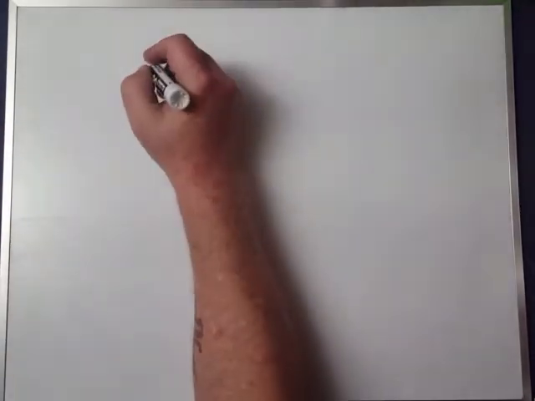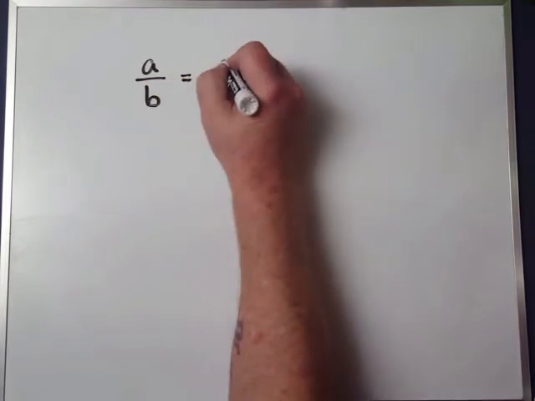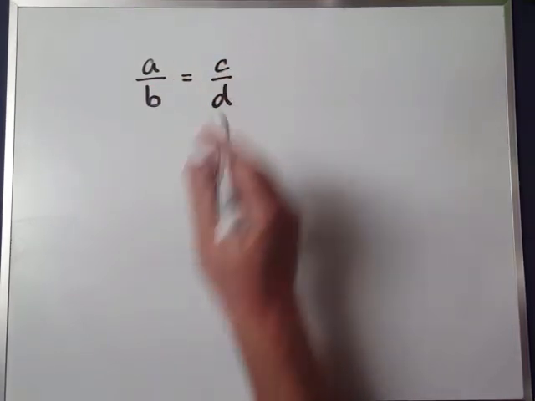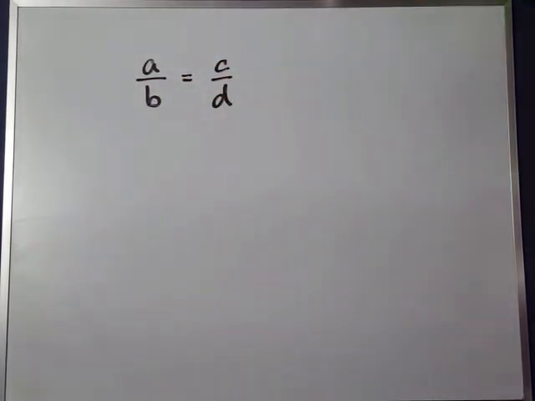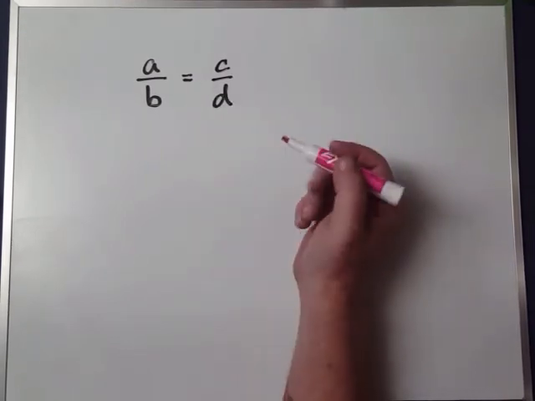Now, in general, a proportion says that some number A is to some number B as C is to D. Now, what I'm going to do is something that we see more of when we get into college algebra. I'm going to derive one of our rules for us. Let's look at this as an equation. It is.